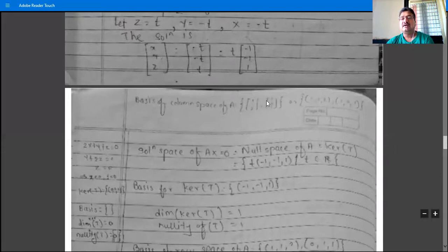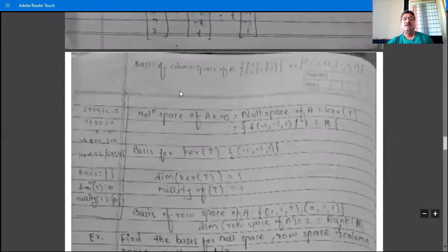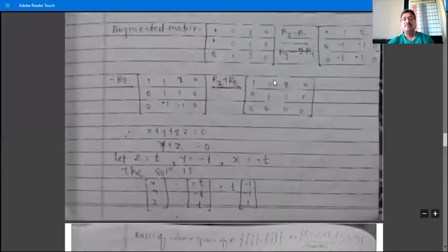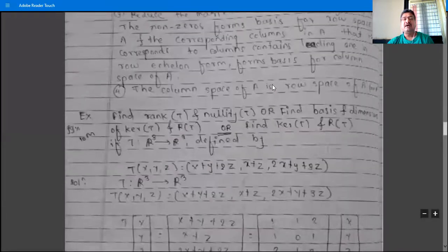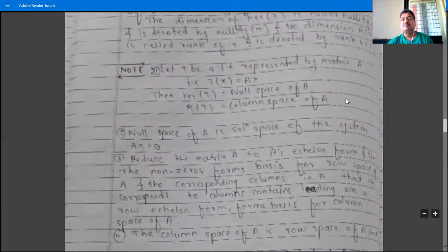We can write either this or this. So this is the basis for the column space of A. And therefore this is the basis for R(T), the range of T, because the range of T, that is R(T), is equal to the column space of A.